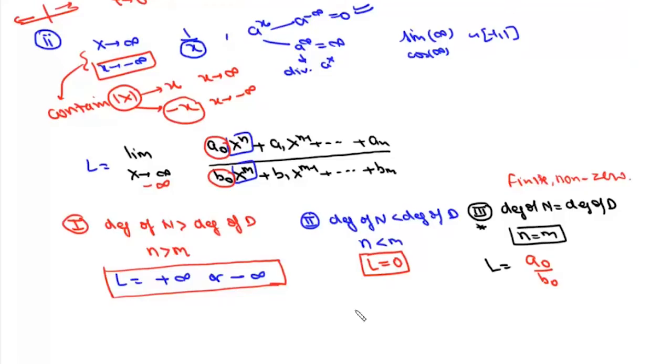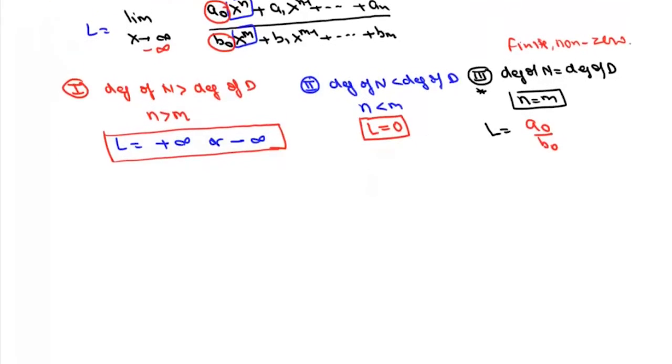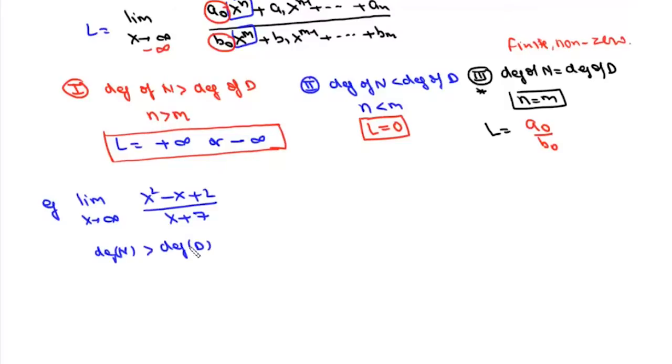Now say for example, if we have this limit x tends to infinity, x square minus x plus 2 upon x plus 7. Now in this case, degree of numerator is greater than degree of denominator, and this is x tends to infinity.